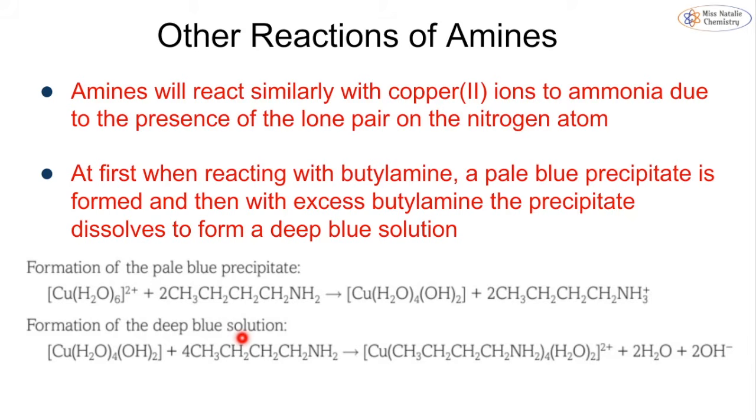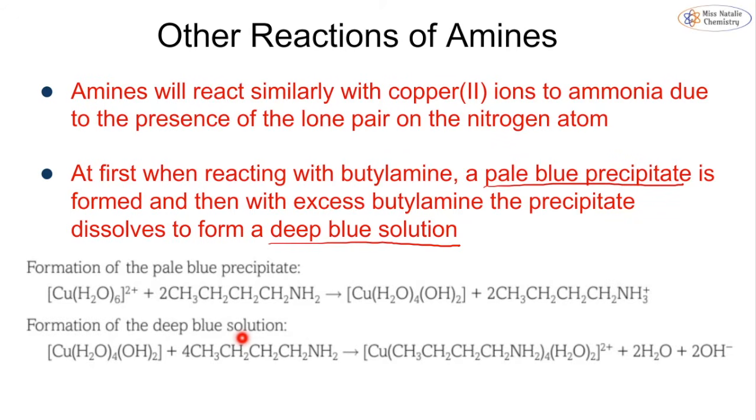Amines will react with transition metals such as copper, very similar to when copper reacts with ammonia. And again, it is all to do with this lone pair of the nitrogen atom. This lone pair opens up amines to a large number of reactions. When they first react with butylamine, we're going to form a pale blue precipitate. And as we add excess, that precipitate is going to dissolve, and we're going to form a deep blue solution.